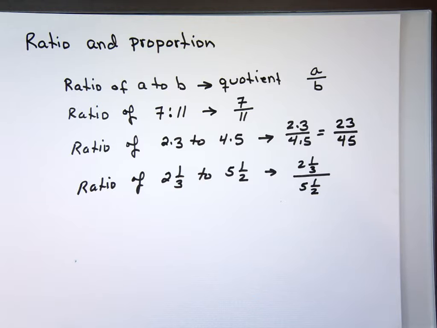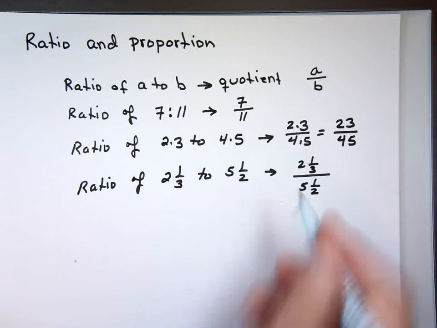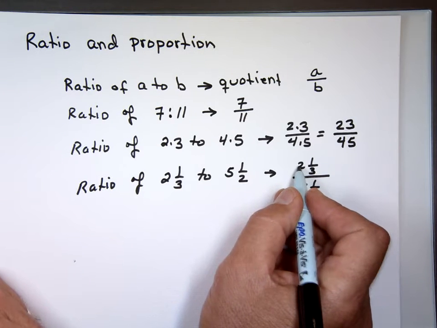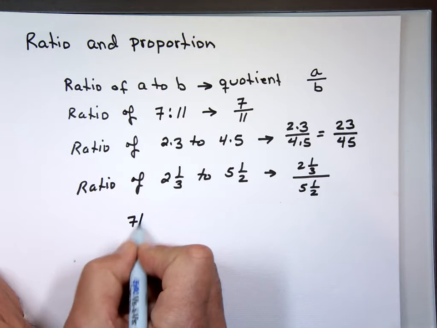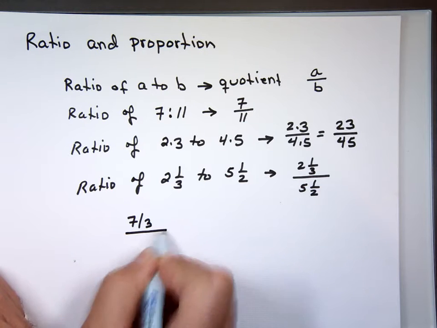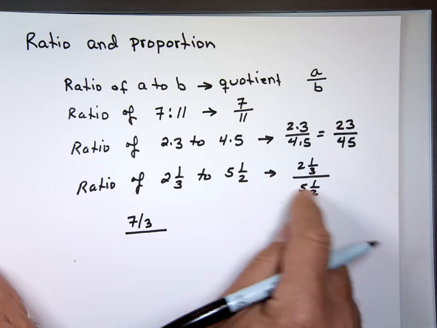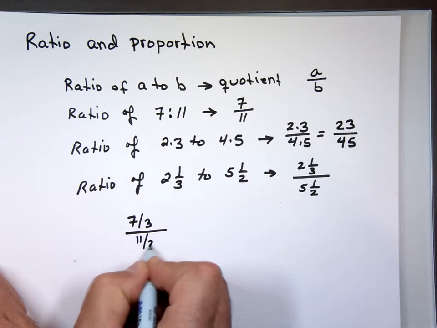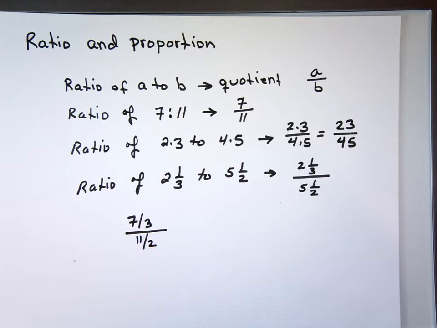So how can I change this to a whole number? I can take this and change it to an improper fraction. 3 times 2, 6 and 1, that's 7 over 3, divided by what? 2 times 5, 10 and 1, 11 over 2. That's still not good. It's not a whole number on the bottom or the top.